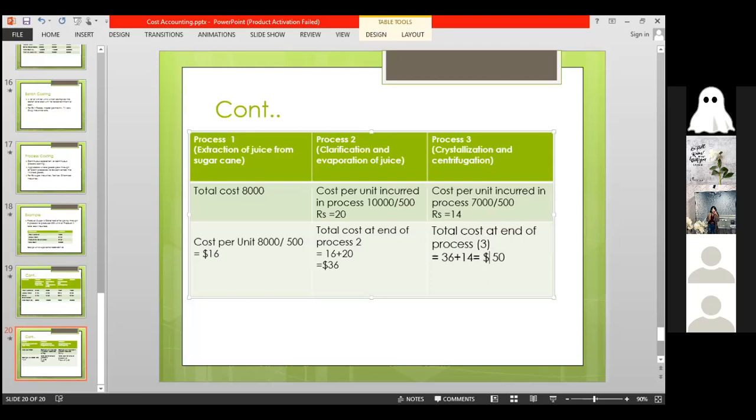If you're manufacturing 500 products, that cost will add up to $20 per unit. And same for process three. The cost is $7,000, and we are producing 500 products. That adds up to $14 per unit.